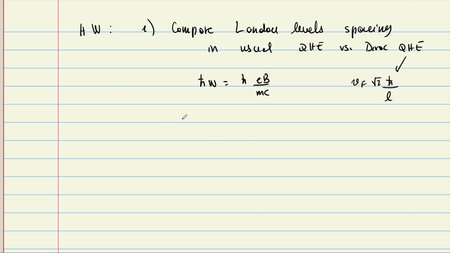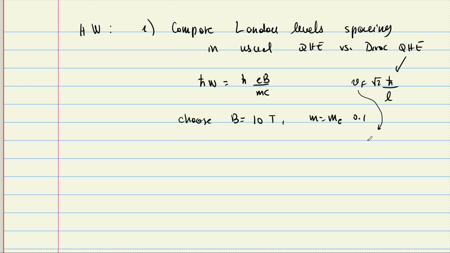Choose B equal to 10 Tesla, m electron. If you want, you can also put a band mass, like take m electron times 0.1 if you want, right? That's the reasonable thing. And e is a fundamental constant, c is fundamental, h bar is a constant, and find the Landau level spacing. And here you can see there's no mass scale, but there's a v Fermi.